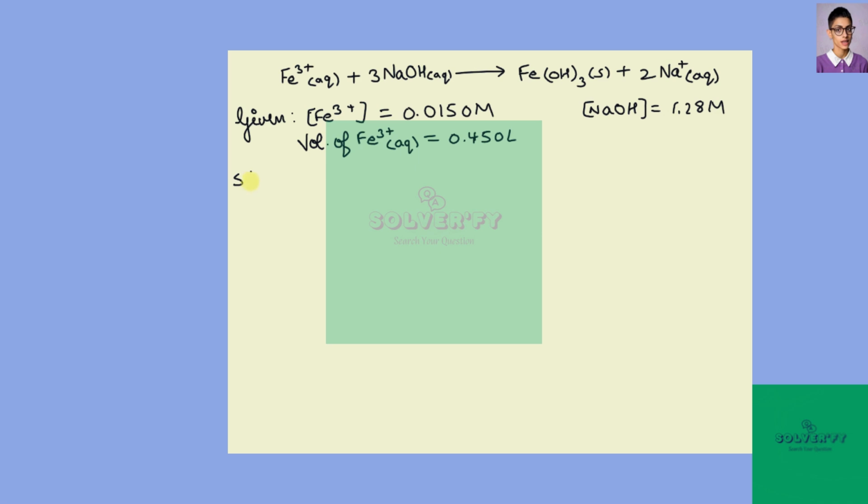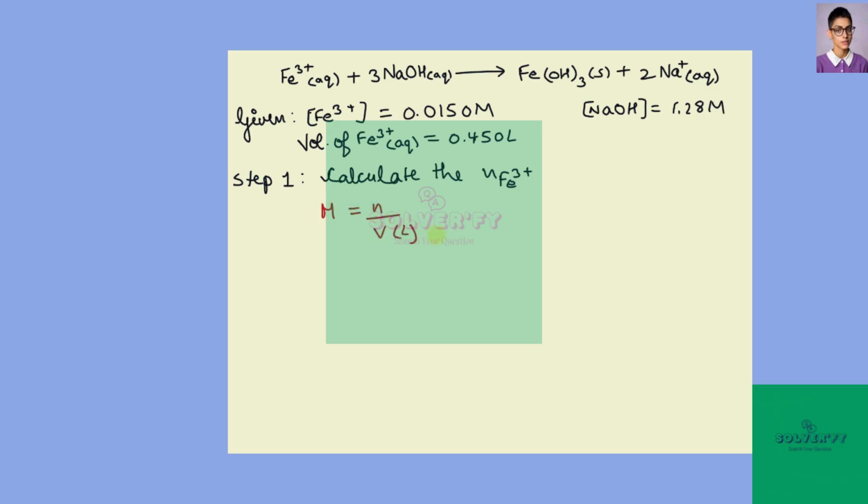So in step 1 we'll calculate the number of moles, which is denoted by n, the number of moles of Fe3+ in the solution. So here we will be using this formula where the molarity is equal to the number of moles divided by the volume in liters.